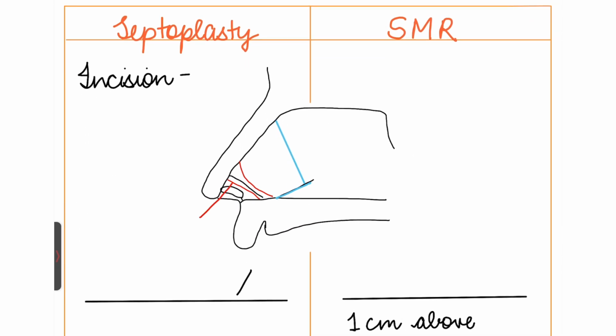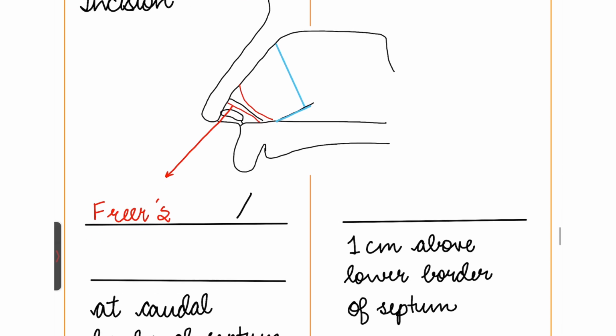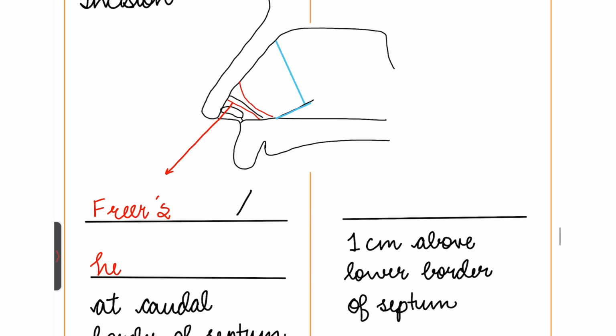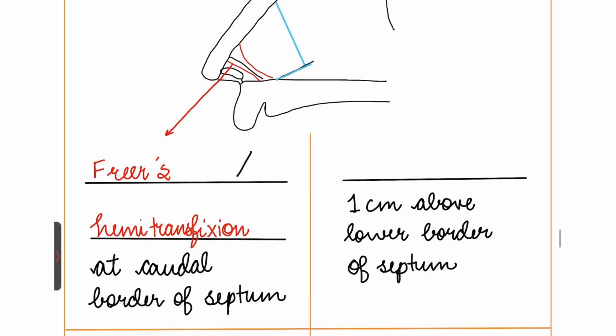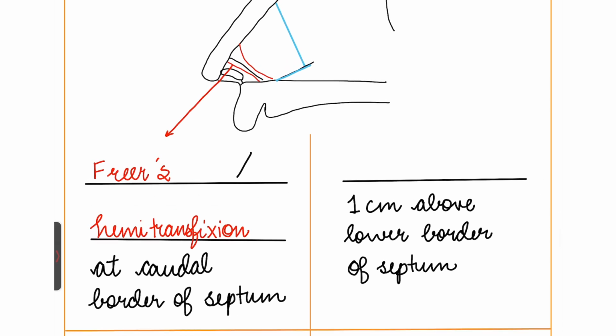The incision in septoplasty is known as the Freer's incision. It is also known as hemitransfixion incision. It is at the caudal border of the septum. This is the location.